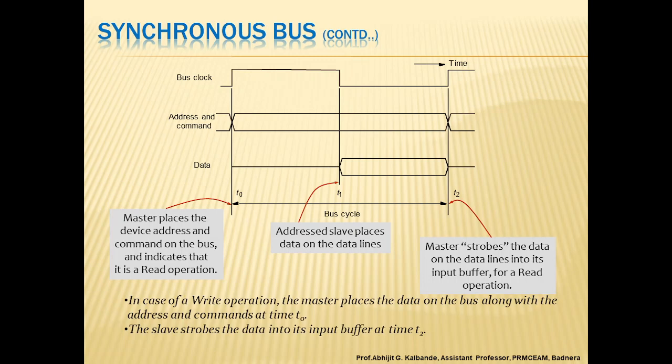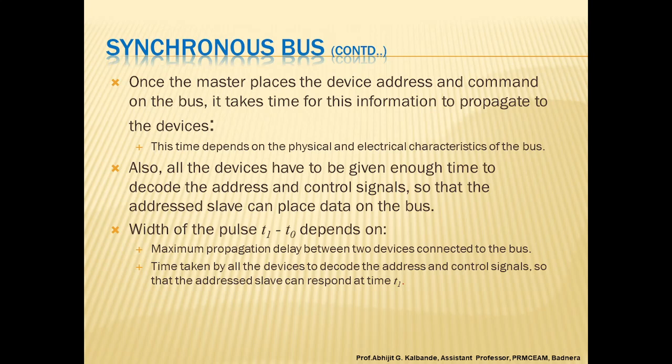It should also be wide enough to allow all the devices to decode the address and control signals, so that the addressed device can respond in time. The addressed device, recognizing that an input operation is requested, places its input data on the data lines.